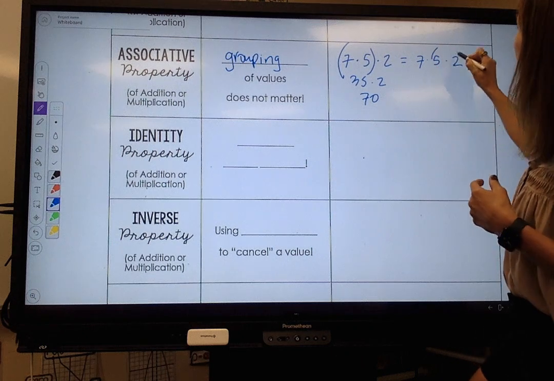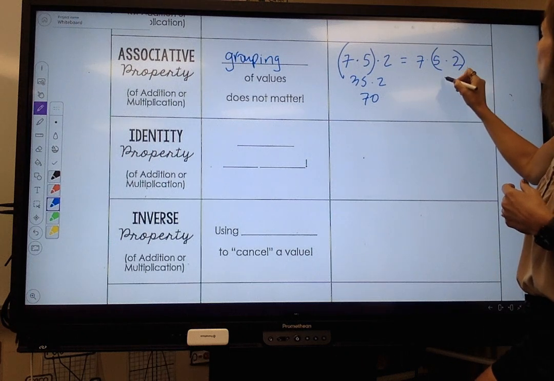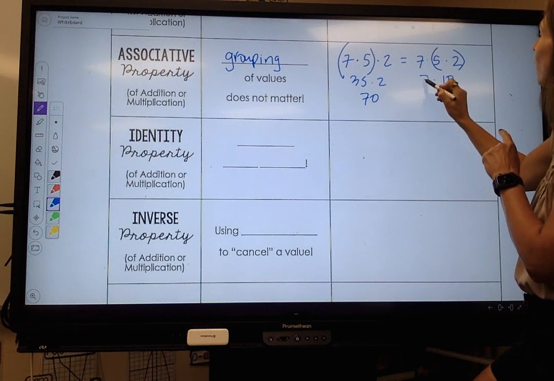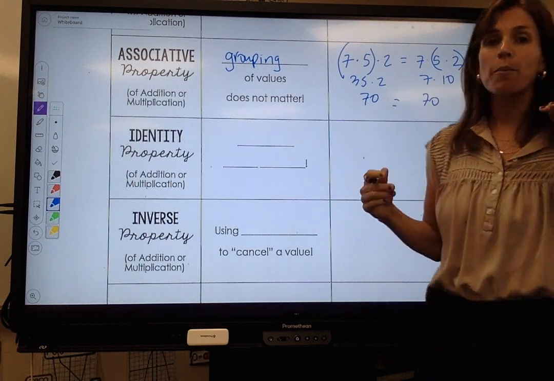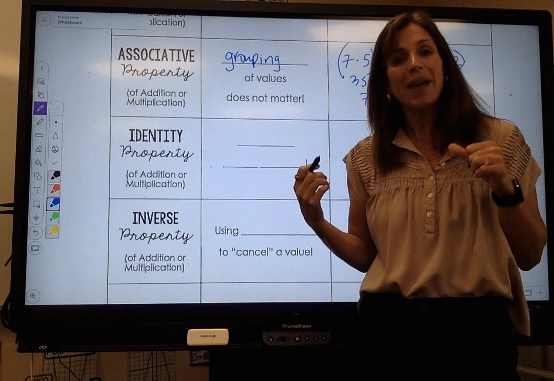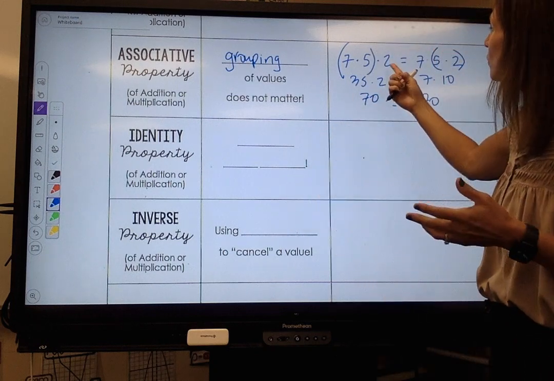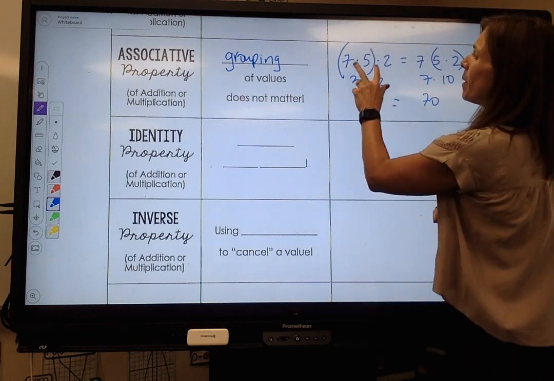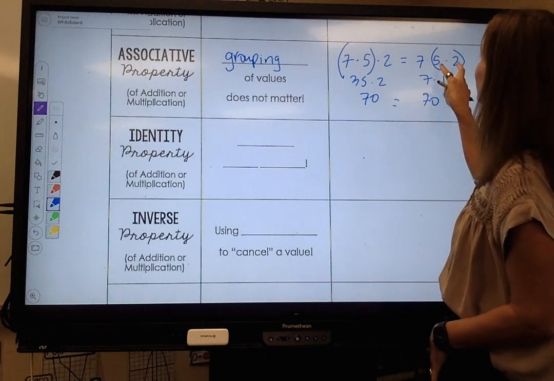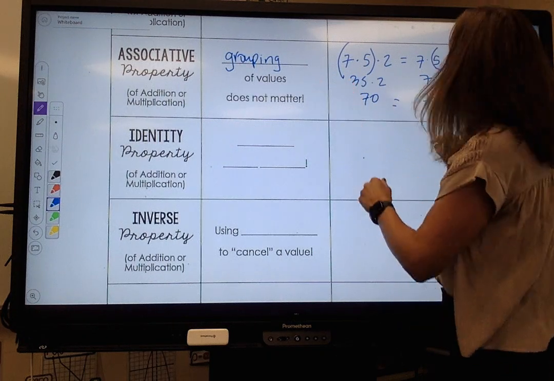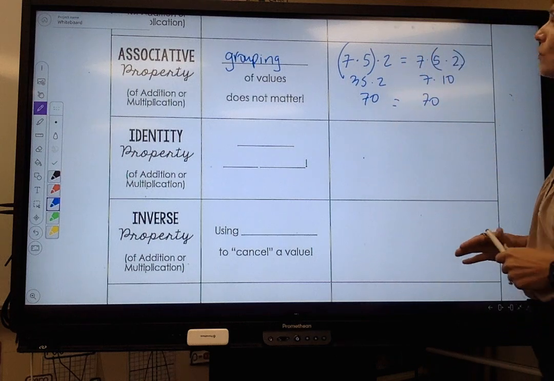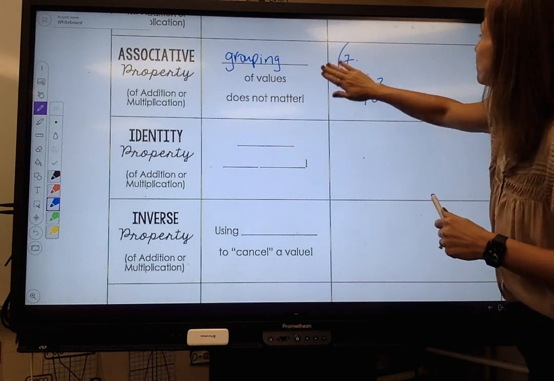Over here, sometimes it's easier to do 5 times 2 to get that 10 right off, and then multiply it by 7 to give you 70. So if you're familiar with your properties, you can make it work for you. I would much rather start multiplying to get 10 rather than work with a number like 35. Okay? So that's the associative property of multiplication.